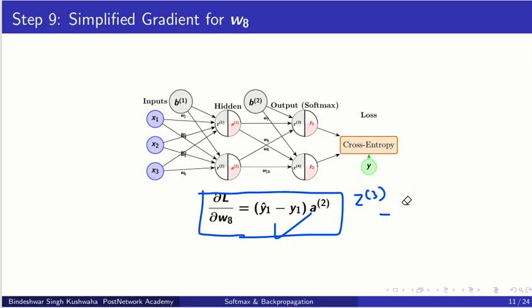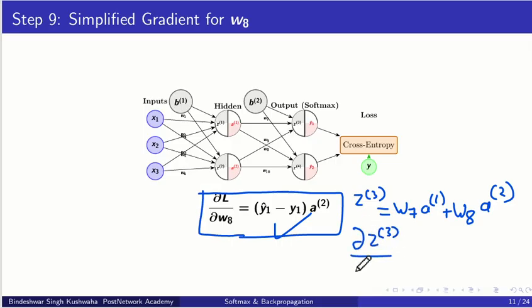Okay, let me write it again, because weights would be written first: W7A1 plus W8A2. So if you differentiate with respect to W8, this would be 0 and you will get A2. The same way with the others.